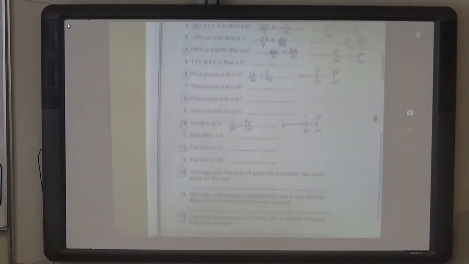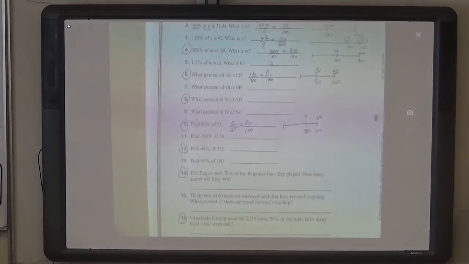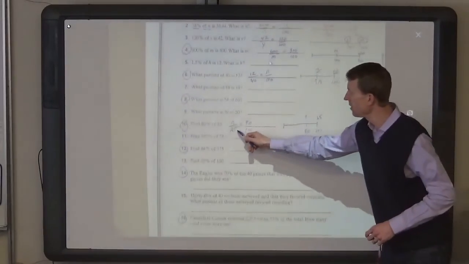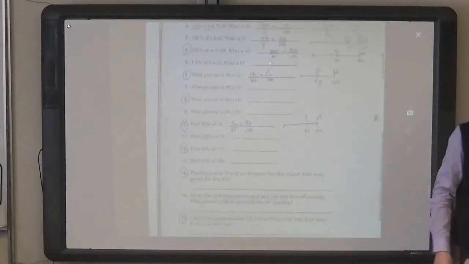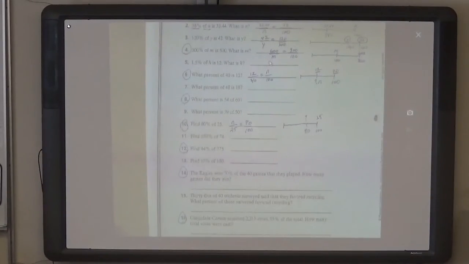To get 100n is equal to 80 times 25, which is 2000, divide by 100. So it's 20. Would it be percent then, right? These are all percentages.